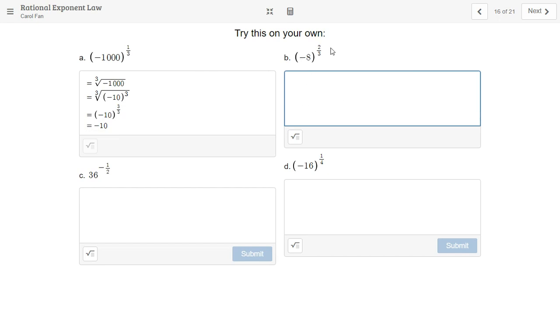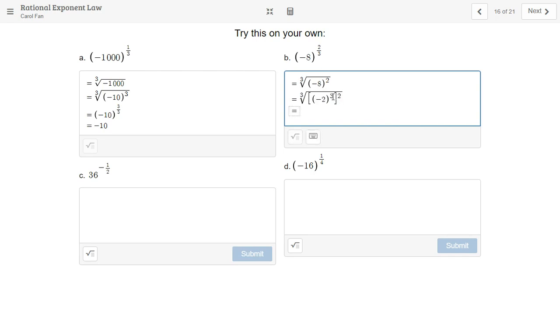Right? Negative 8 to the power of 2 over 3. So I have the third root of negative 8 to the power of 2. The third root of negative 2 to the power of 3, all of it raised to the 2.